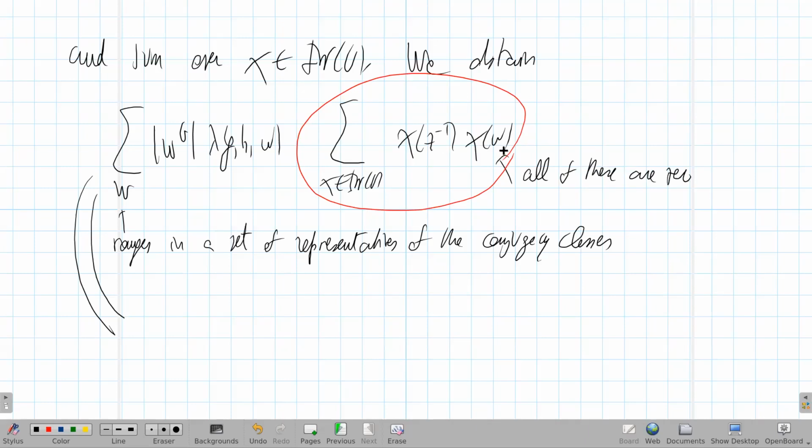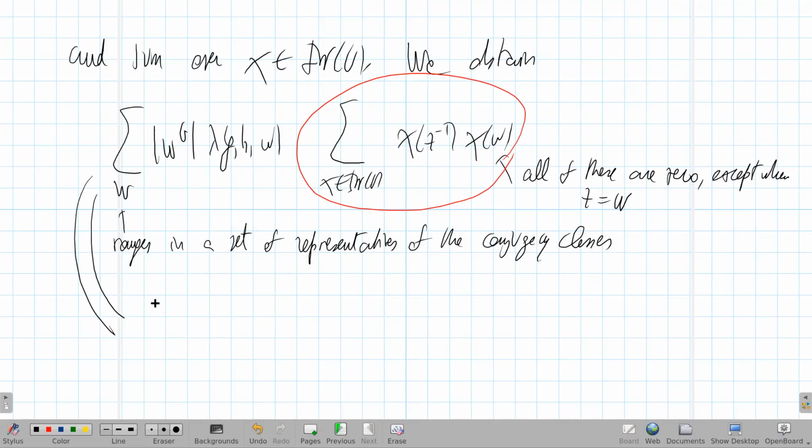All of the others are 0. So multiplying and summing on chi is useful to isolate exactly one particular coefficient. We have fixed Z, which is an arbitrary element, and we can say Z equals W, because we can choose Z also in the same set of representatives of the conjugacy classes.